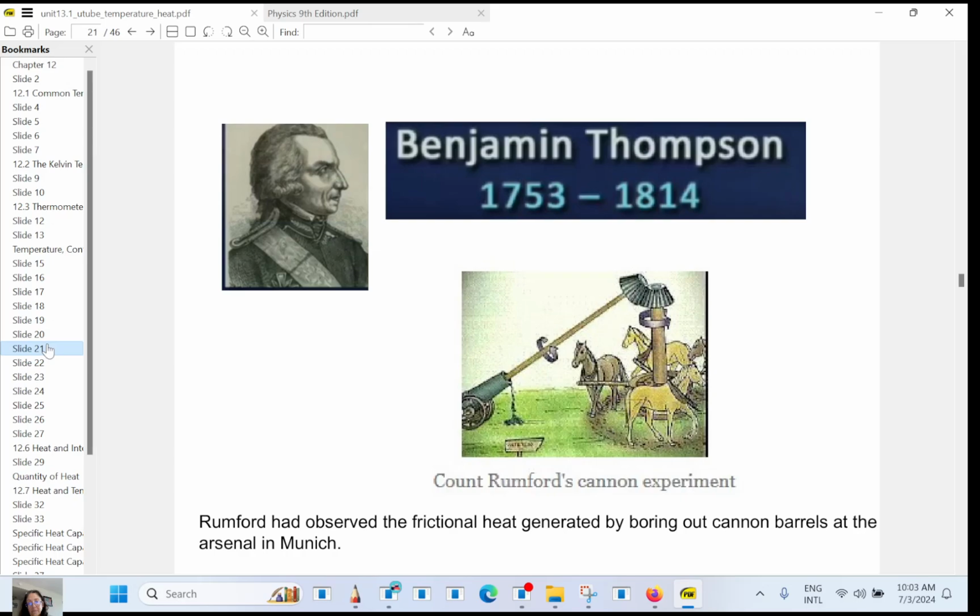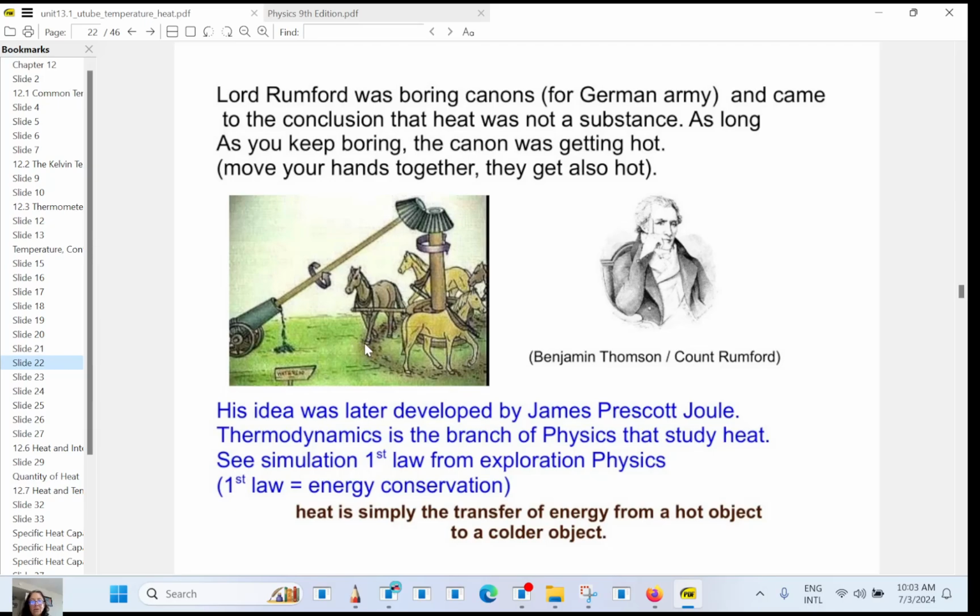So then came Benjamin Thompson, okay, who was Count Rumford, and also very interesting history. So at some point he ended up in Munich, in what is today Germany, and he was boring cannons for the German army at some point in his life.